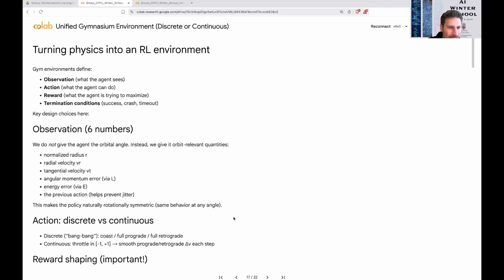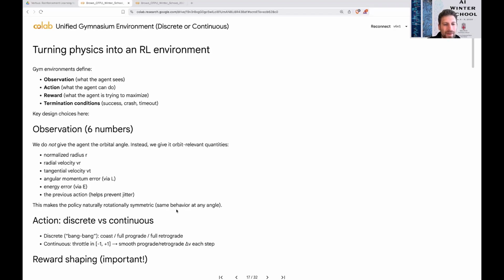So we define those. Again, we have these 6 observations that we give our agent: radius, normalized radius, velocity, radial velocity, tangential velocity, angular momentum and energy, the error in those, how far we are from ideal, and then the previous action the agent did, which helps it do some smoothing.